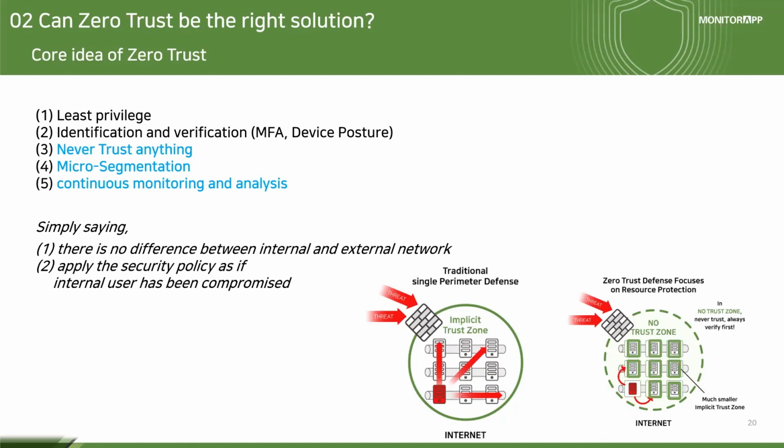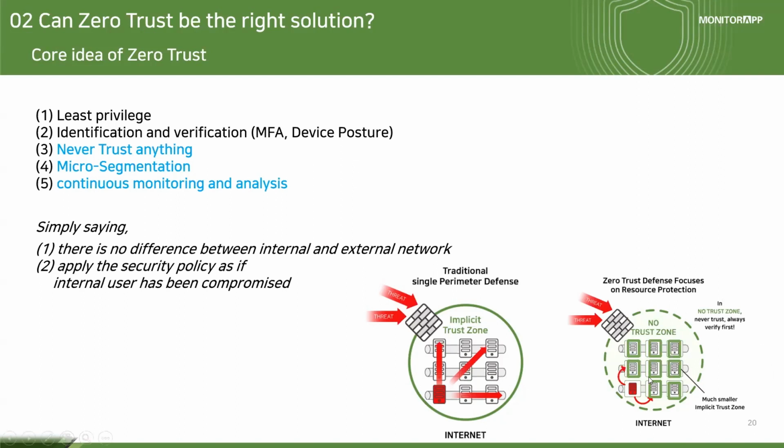And number 4 is micro-segmentation. In the previous or traditional IT environment, if one resource was compromised, then it could easily impact the other resources in the flat network.